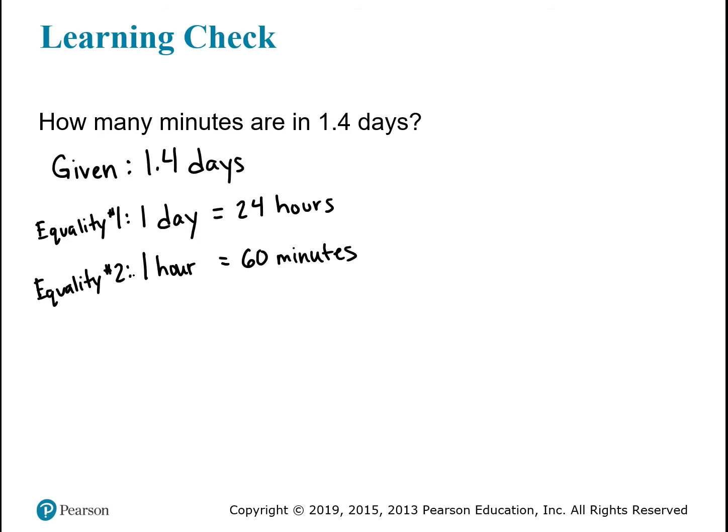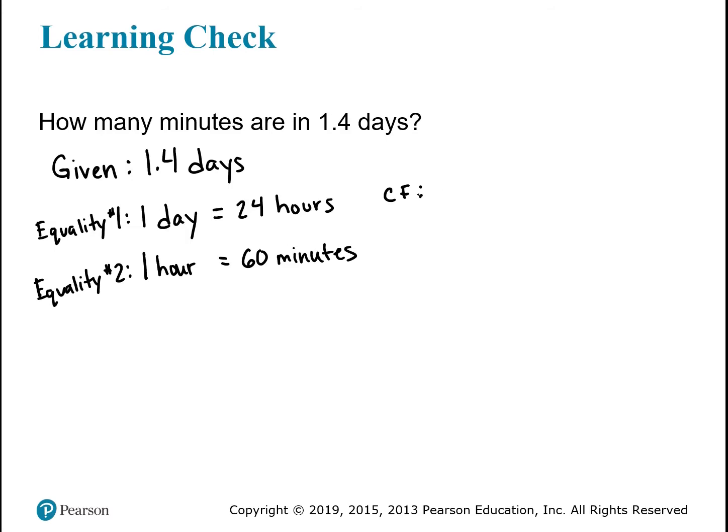We can use these two equalities to go from days to minutes. We'll write out our conversion factors. I didn't do that 100% the last time. I wanted to show you how you can kind of fill in the conversion factors as you go. But I'll kind of alternate between the two just so you can see both.